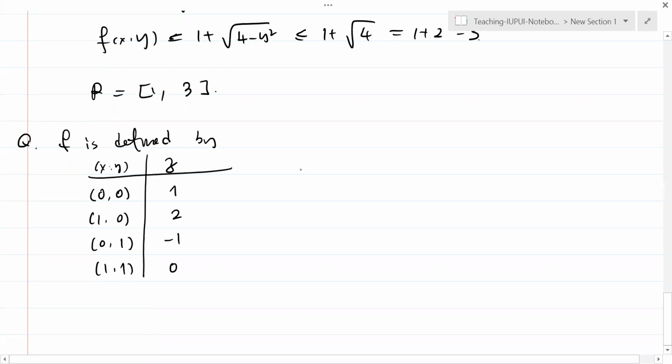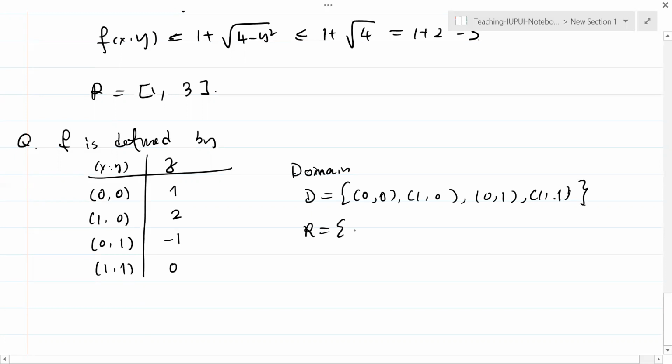So the domain in this case consists of 4 points. And the range also consists of those 4 numbers.